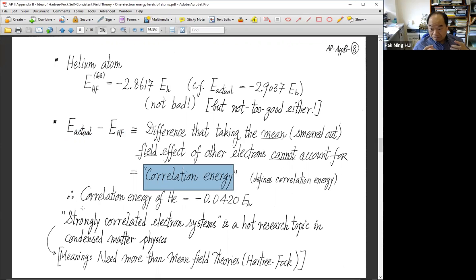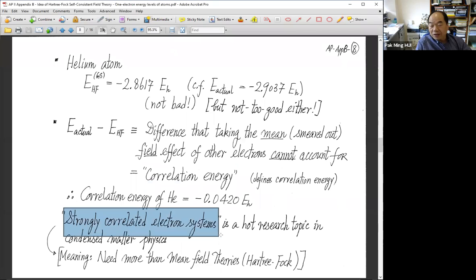If this is big, that means we need to go beyond this averaged field idea to handle this problem. In recent years, there is a big research area in condensed matter physics called strongly correlated electron systems. This includes, for example, high transition temperature, so-called high TC superconductors, quantum Hall effect systems, and some of the magnetic systems.